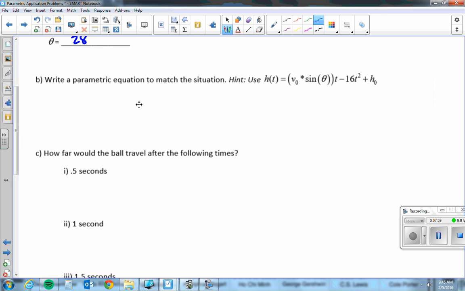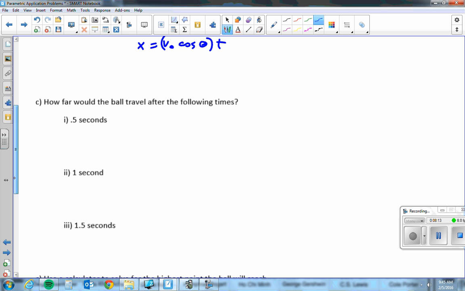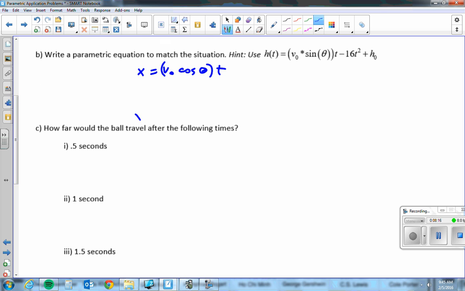Now, write down the horizontal equation. They gave you the vertical here, but they don't have the horizontal. So write that down. And what I want you to do first is basically complete a table. Hold on. And I'll even give you the equation. So the initial speed was what again?